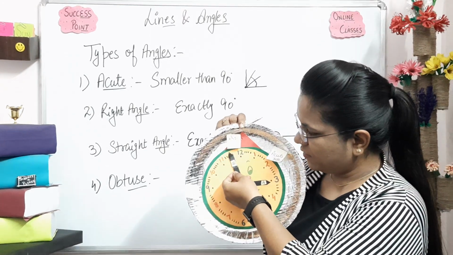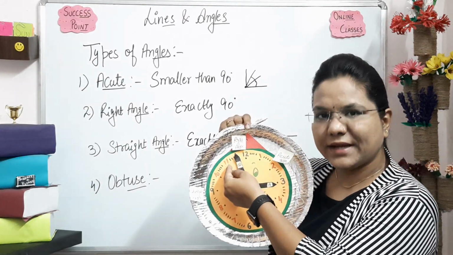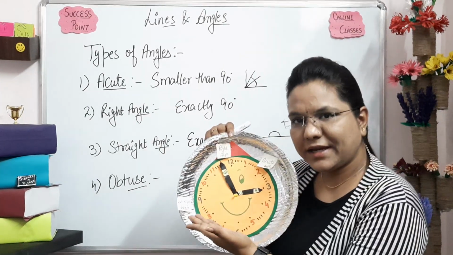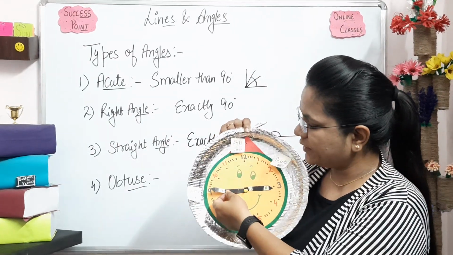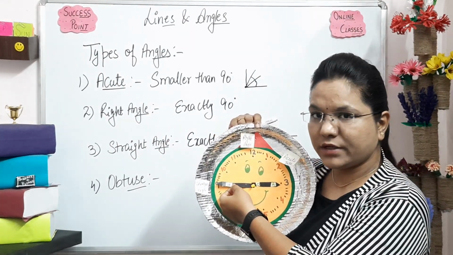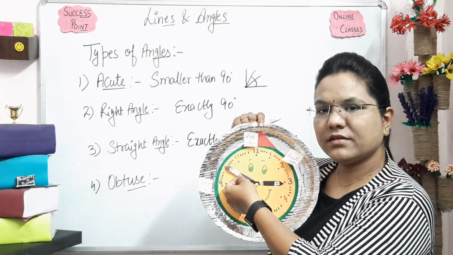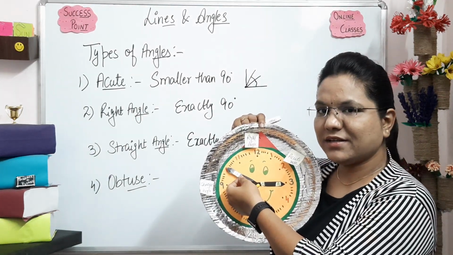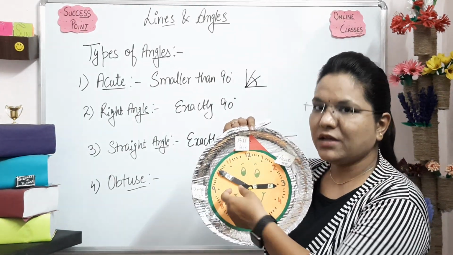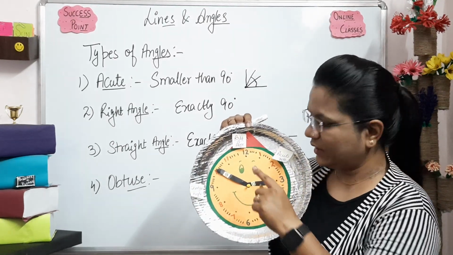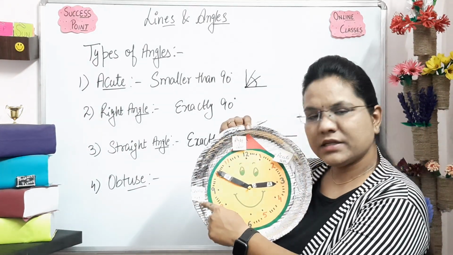That means value more than 90 degree, bigger than 90 degree, but can we count 180 degree? No. Smaller than straight angle. Okay? So it will come in between two angles, right angle and straight angle.